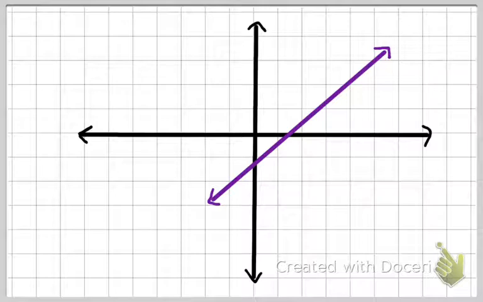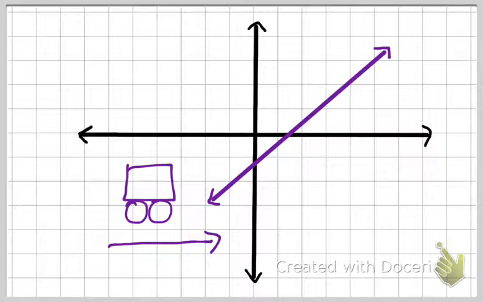When you're trying to determine if the slope is positive, negative, undefined, or 0, remember to always start on the left side and read to the right. For example, let's say I have a little truck. Here's my truck, and it's driving down the road. It needs to go from the left to the right.